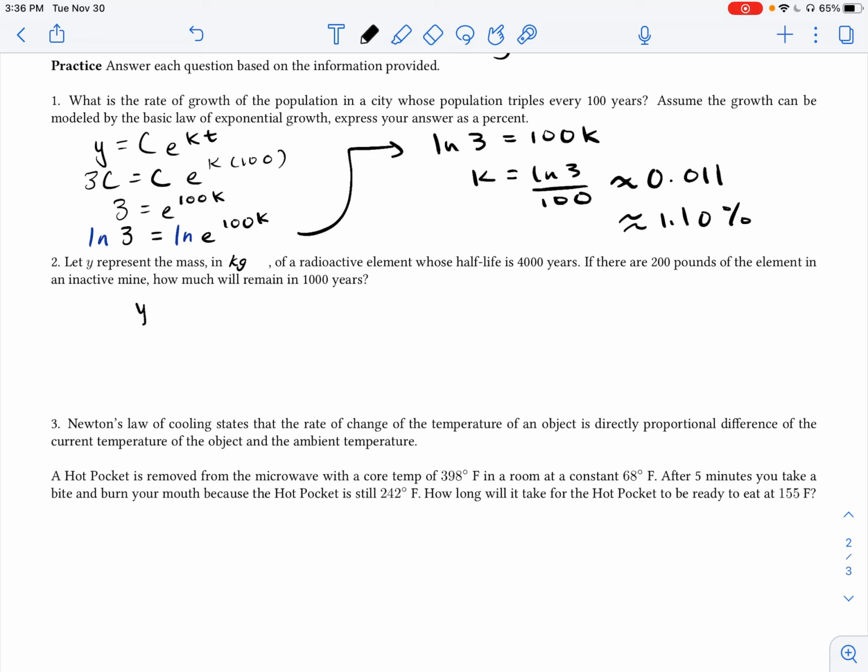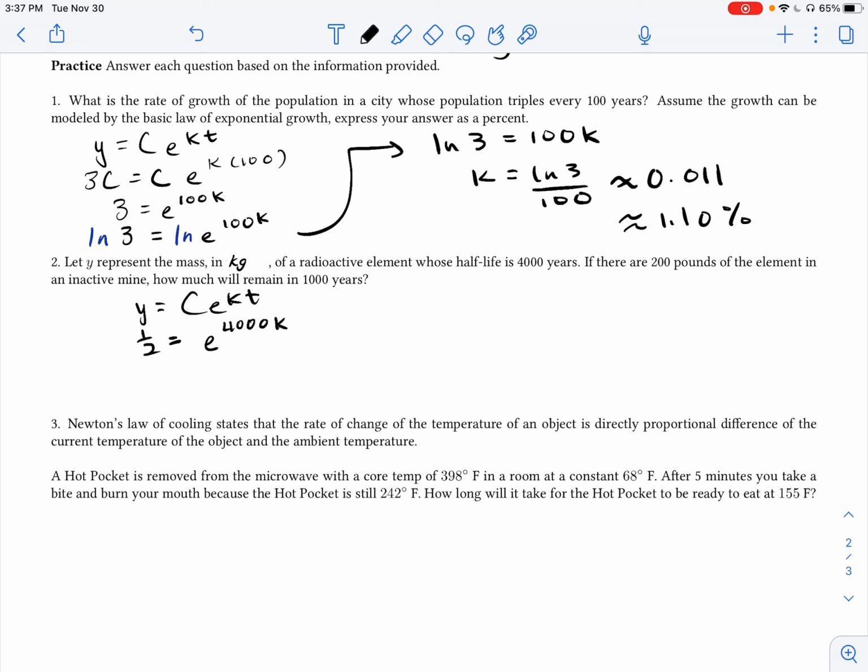So let's use the same exponential growth equation and fill in what we know. We know the half-life. We're saying that y will be half of its original amount when t is equal to 4,000. We can then solve for k here.